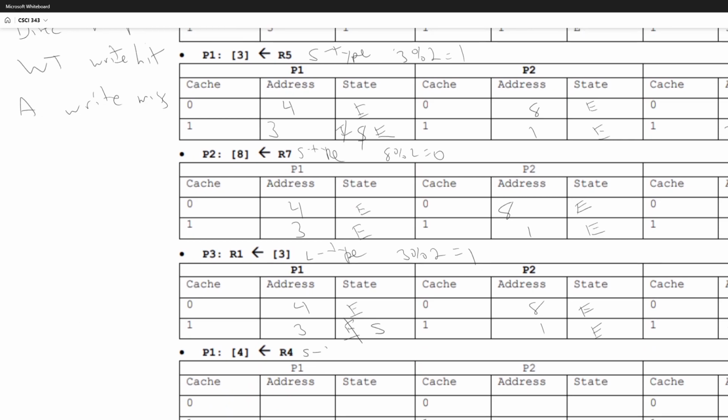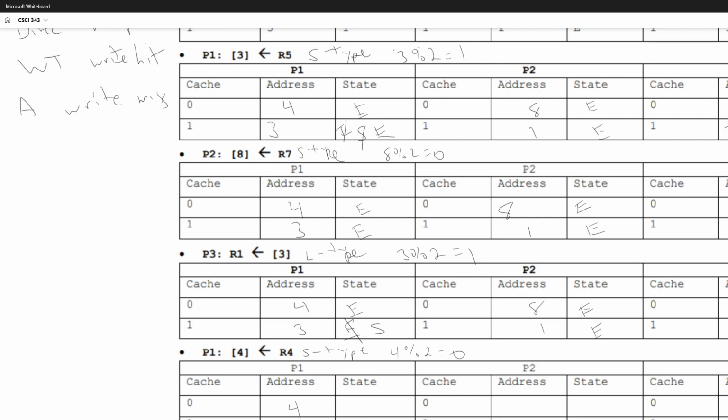Another S type. So 4 mod 2 goes to 0. Cache location 0, does it have it? Yes. Exclusive. Same thing on write.